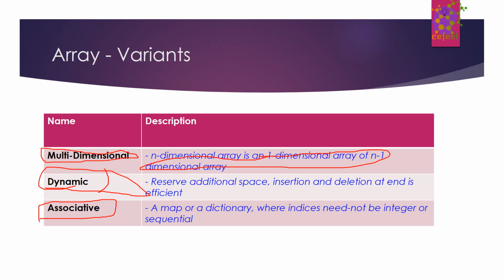In different programming languages we have associative arrays. Sometimes they are called by different names, but in a way they are arrays. In Python we have a dictionary. In Java we have hash maps. So that's where this kind of array comes in.